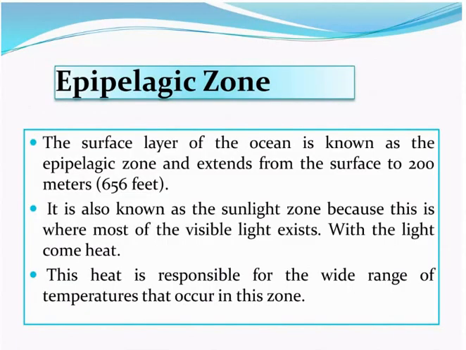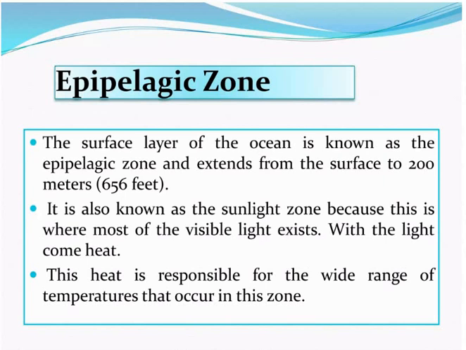Epipelagic zone. The surface layer of ocean is known as the epipelagic zone and extends from the surface to 200 meters. You know, my friend, it is also known as the sunlight zone because this is where most of the visible light exists, and with the light comes heat.